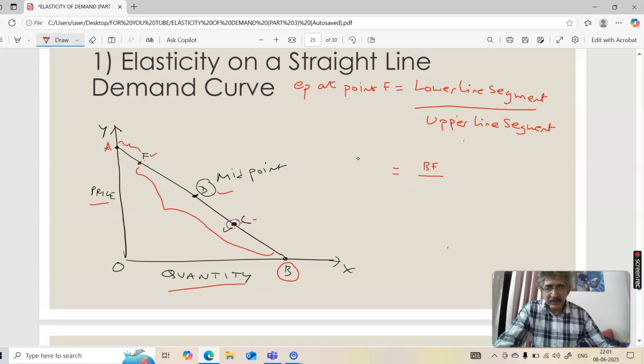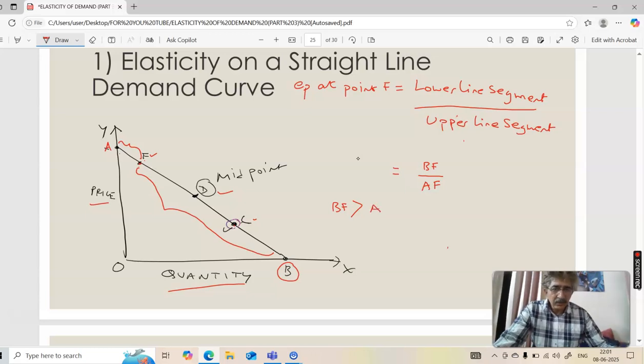Upper line segment is, I hope you can see the curly brackets I'm making, from point A to F. So AF. Now the point is, we cannot accurately measure right now. I'm just telling you which segment you can make out seems to be bigger. Obviously the lower line segment, that is in this case BF, is greater than the upper line segment, that is AF.